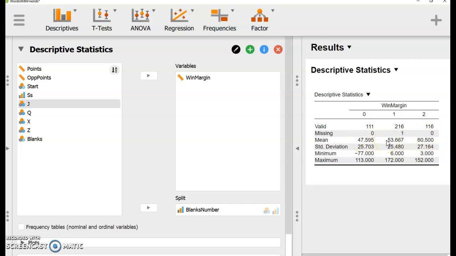What we don't know yet is if this is a significant difference, or if there's any significant differences at all between these three numbers. We can also see that the standard deviation within those 3 groups are roughly the same. So that can tell us that we meet that homogeneity of variances assumption. Standard deviation is just the square root of variance.